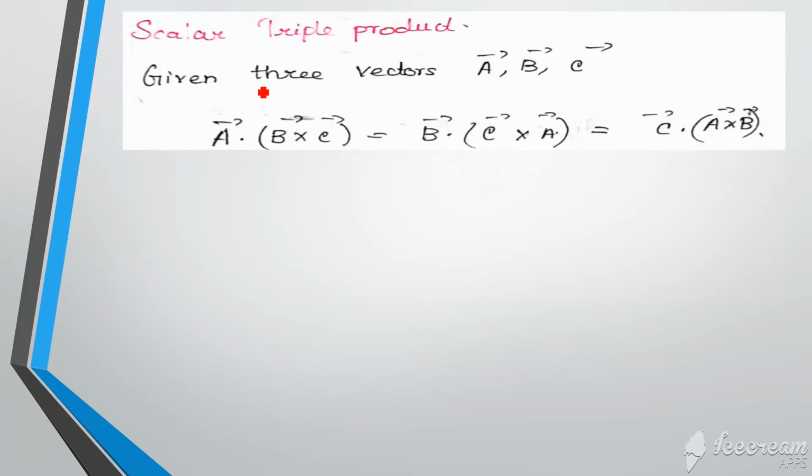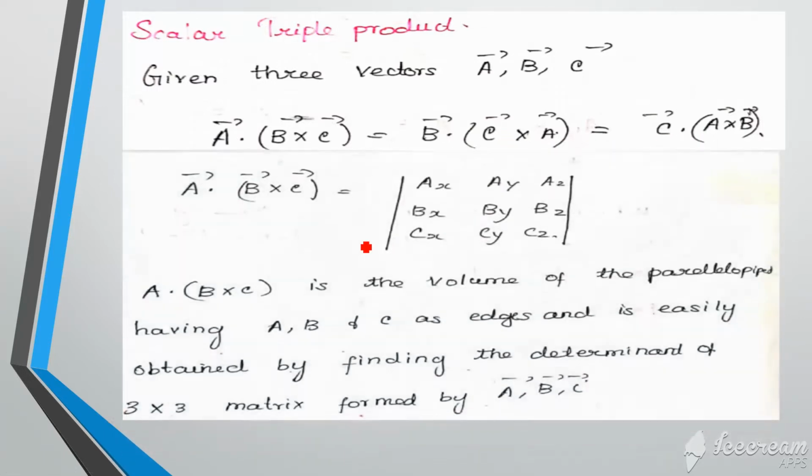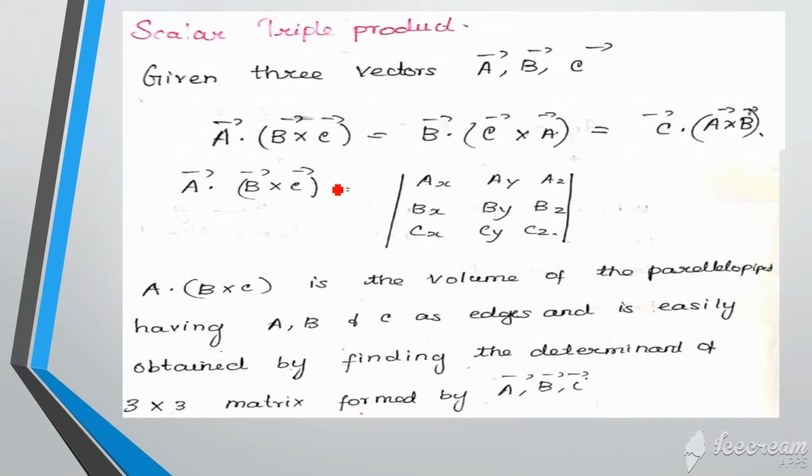Scalar triple product. Given 3 vectors, A vector, B vector and C vector, A dot B cross C is equal to B dot C cross A is equal to C dot A cross B. These 3 are all equal. So for finding this, instead of first finding A cross B and then taking the dot product of that answer with C, we have the standard formula.